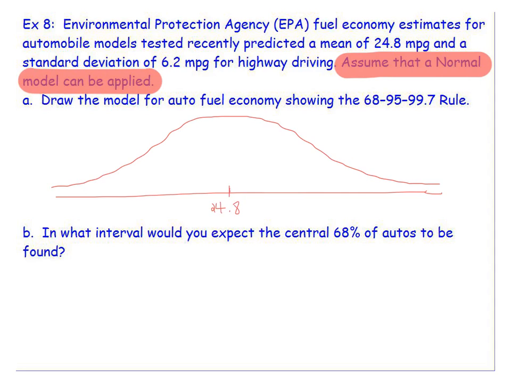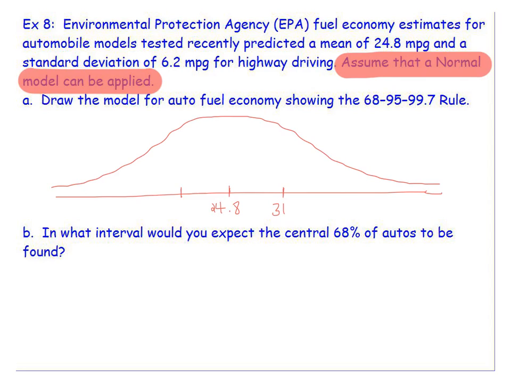So our mean is 24.8. We are going to go out one standard deviation, making sure these are even markings in each direction. So we're going to go up and down one standard deviation, which is 6.2. So 24.8 plus 6.2 moves us up to 31.